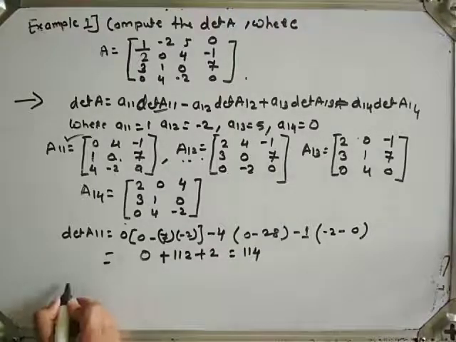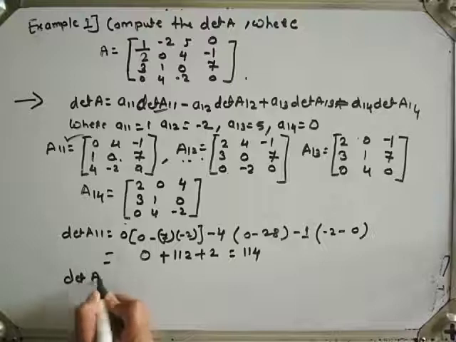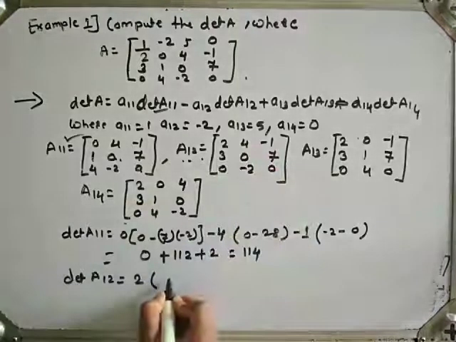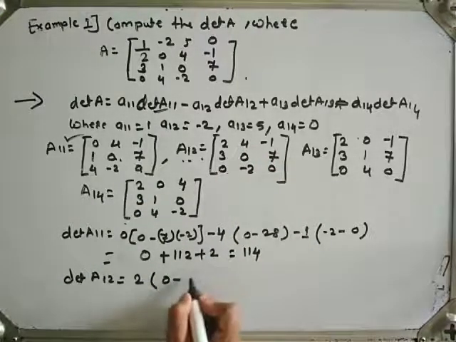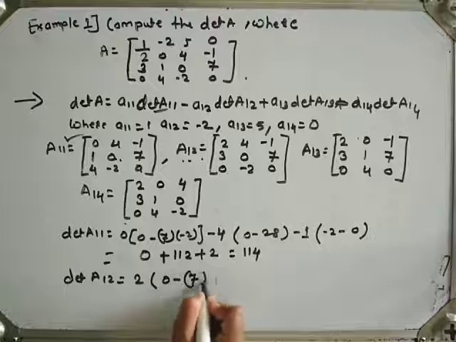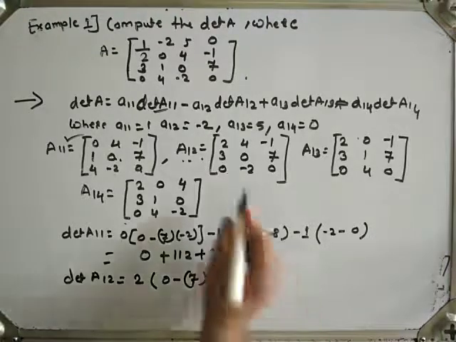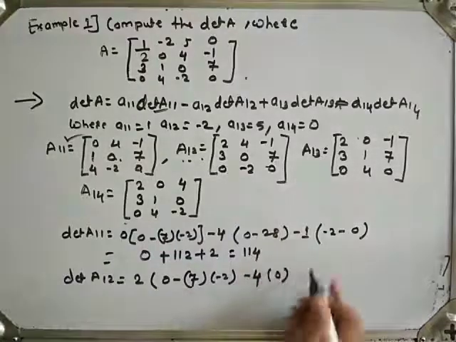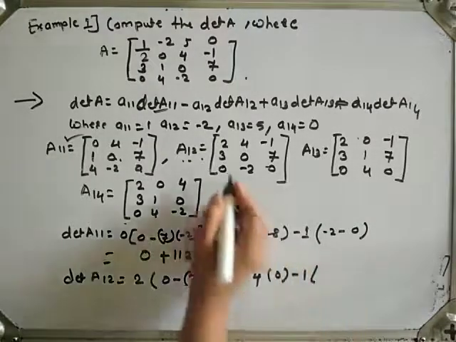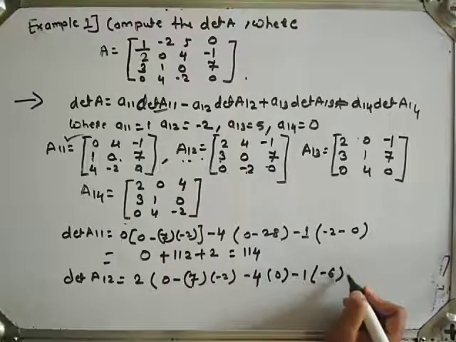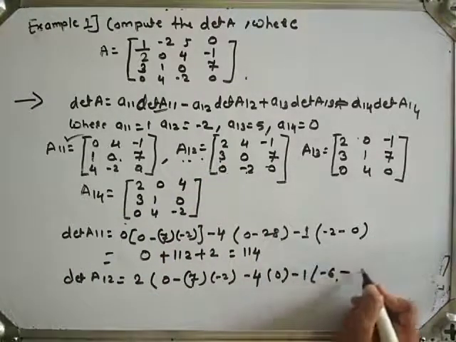Okay. Now calculate the determinant of A12, which is equal to 2 into (0 minus 7 into -2), minus 4 into (0 minus 1 into -6), minus 6 minus 0.